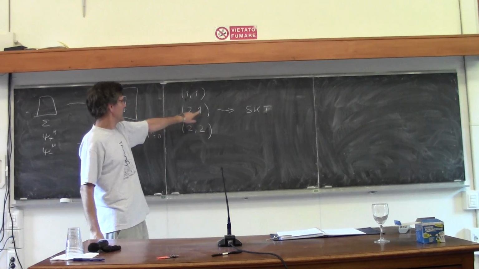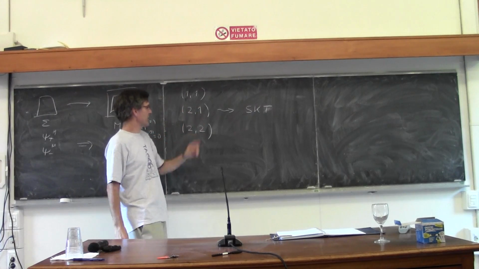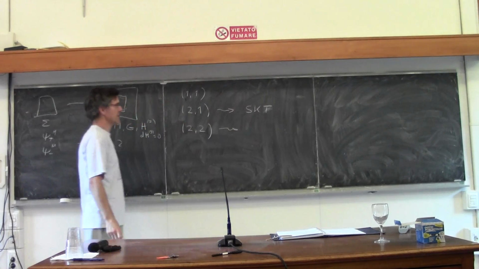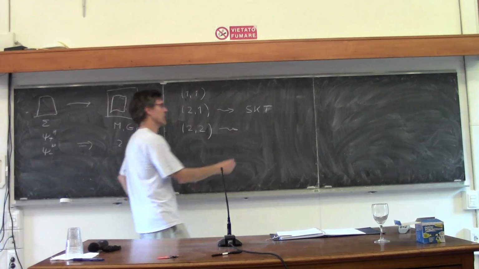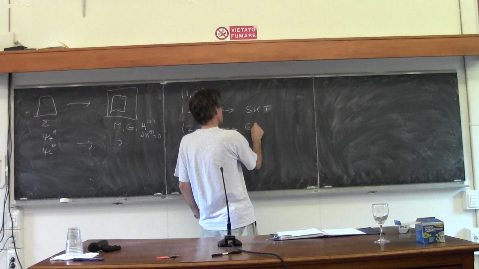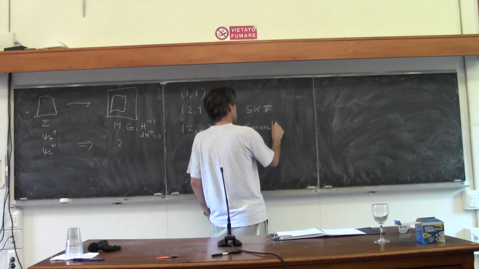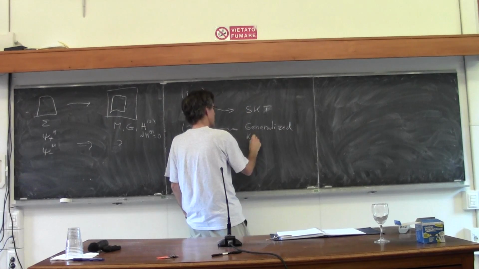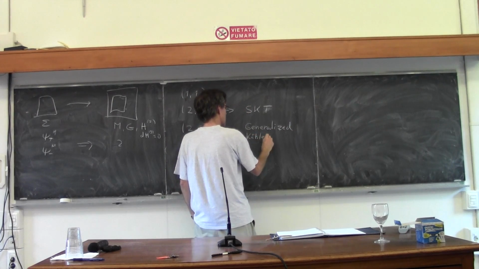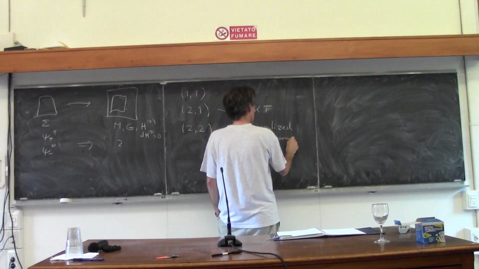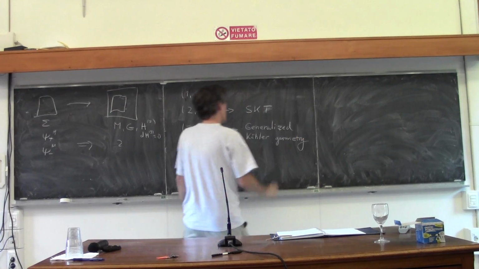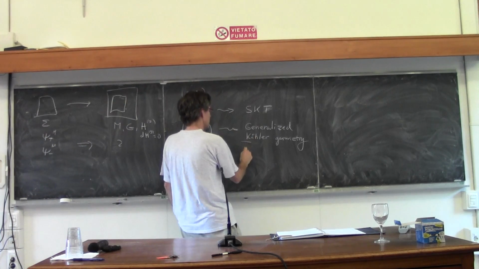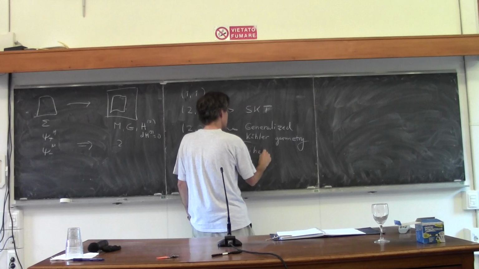If you add an extra supersymmetry in both of the sectors, you get something which I didn't even have time to mention, which is called generalized Kähler geometry, or there's an alternative name called bi-Hermitian geometry.